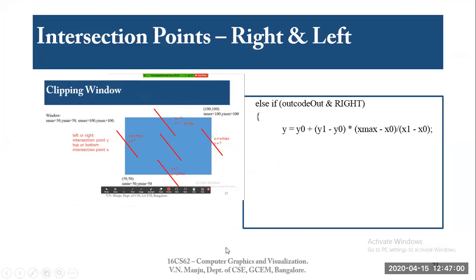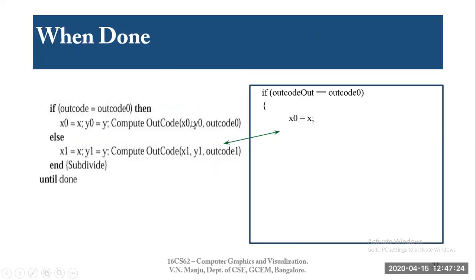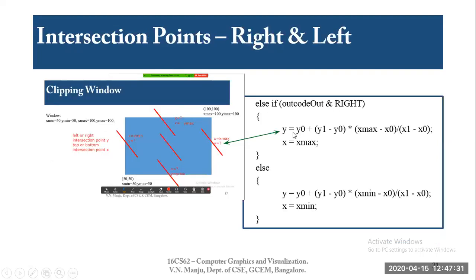See here, y is my question mark, and for x, we know x max. So x is equal to x max. Similarly, for the left, we don't know y, we should find the intersection point, and x is equal to x min. So this is how we find the right and left. So when it is finally done, we found out the value of our x and y.